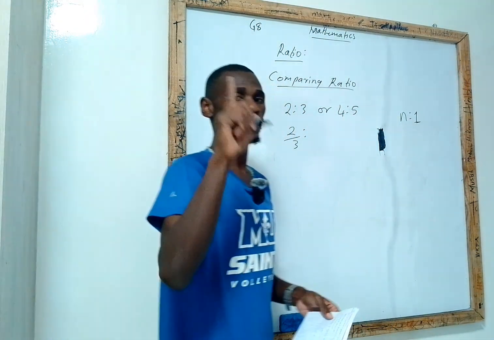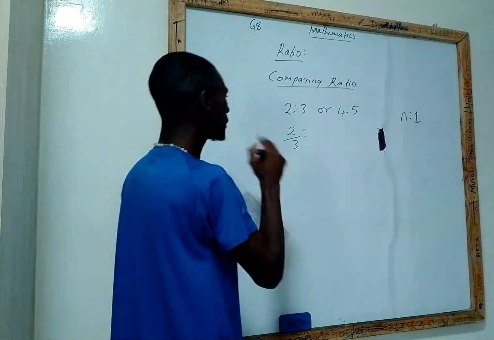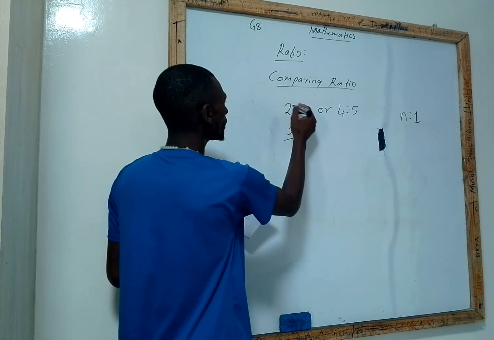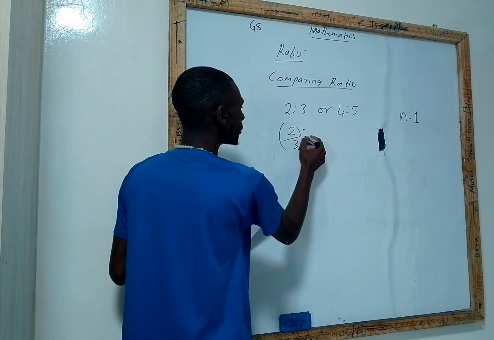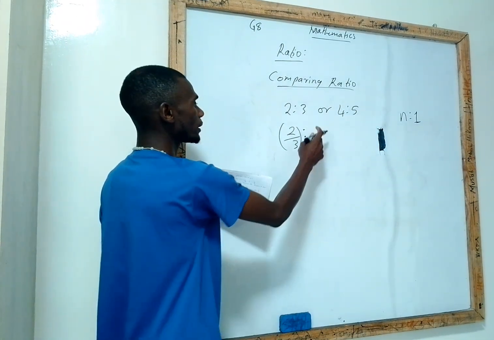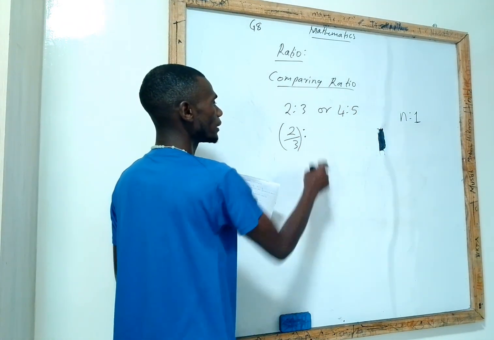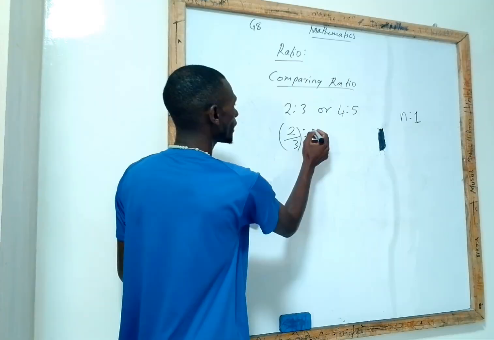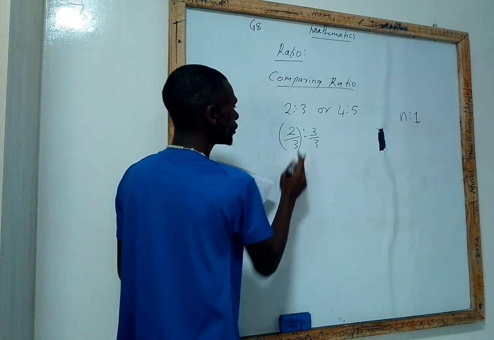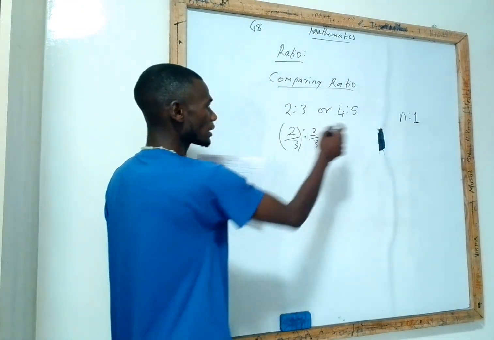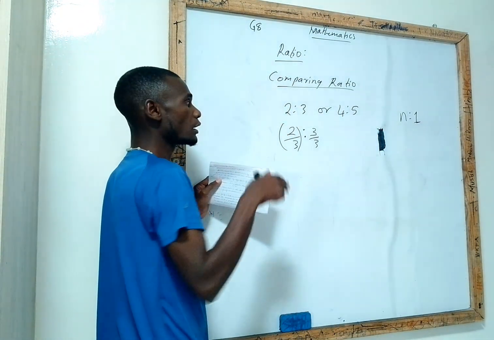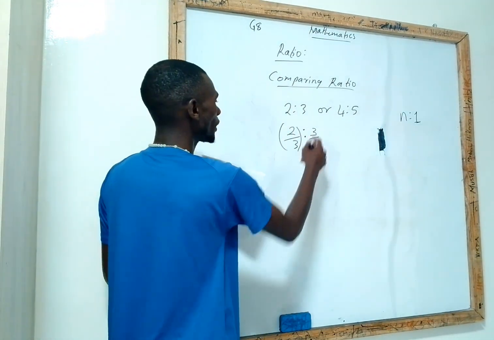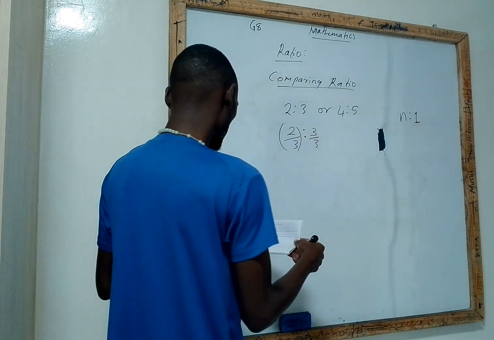So that one is just one whole number. So after putting the ratio you have been given as a fraction, you want to make this side 1. You can only have that as 3 over 3, using this denominator. So ratio 1 means denominator over the denominator.